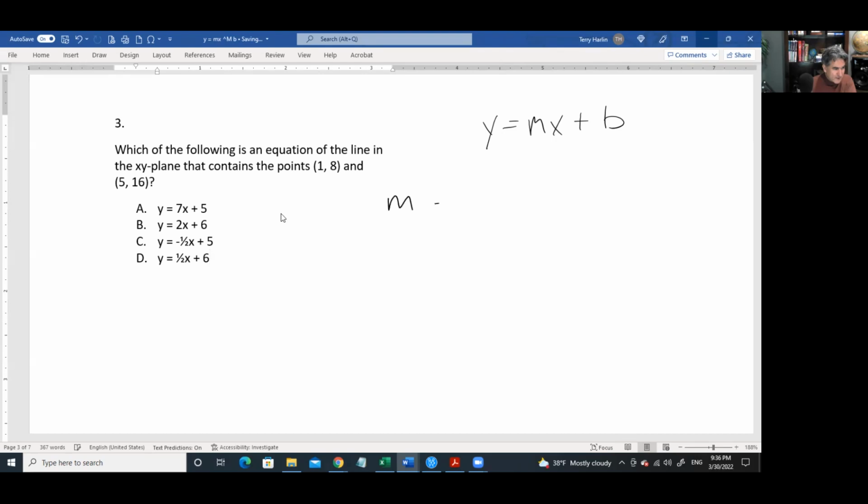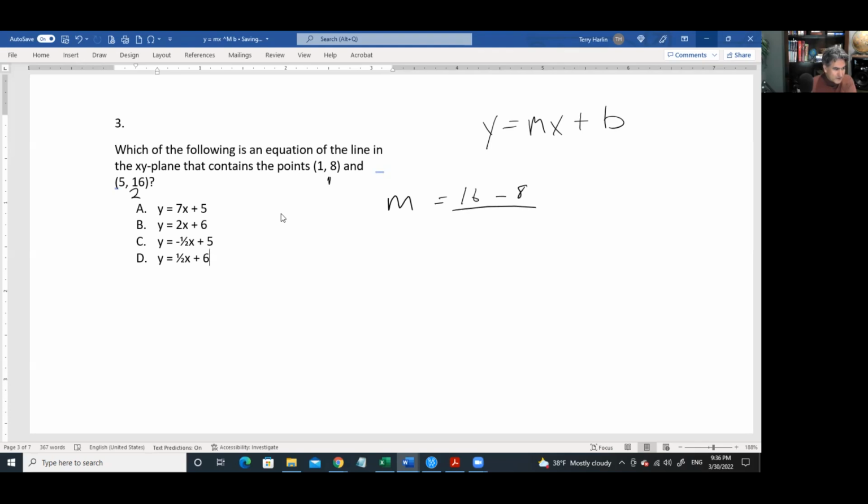So m equals, and this is going to be easy, I can tell, 16, here's my point 2, and here's my point 1. So there is coordinate 2, which is 16, minus coordinate 1, which is 8.